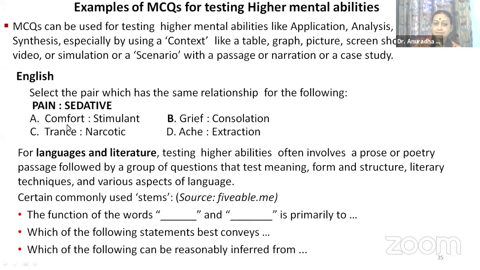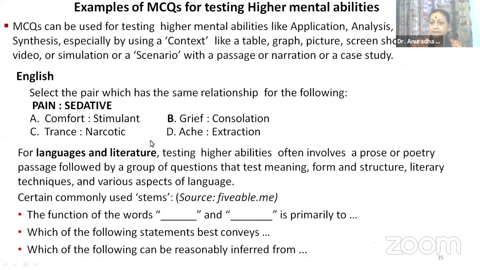Stimulant does not remove comfort. Narcotic probably ends up giving you a trance rather than removes a trance. Consolation, yes, it can help to alleviate grief. You are asking a student to do an analogy between what is given here and what could be given here, and then questions are framed on the basis of these.